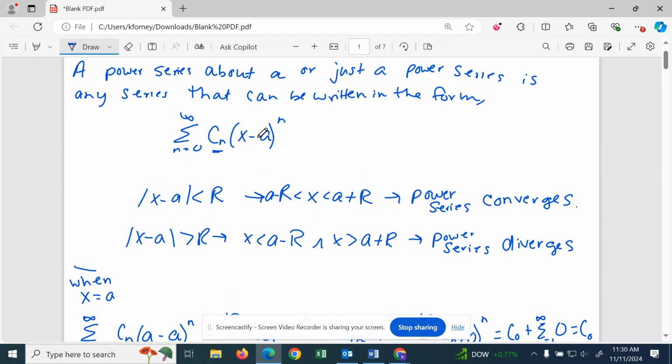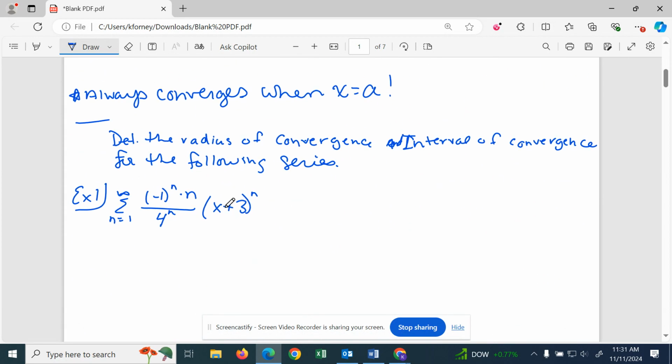When x is equal to a, well, what is a? A is currently -3. So we know it converges when x is -3. I'm going to put that side note: x equals -3 means it converges. But that's all we really know at this point.